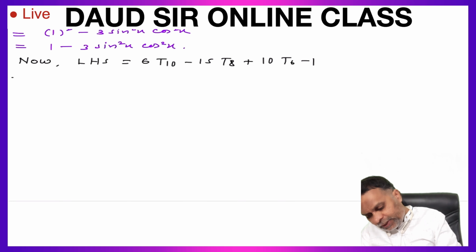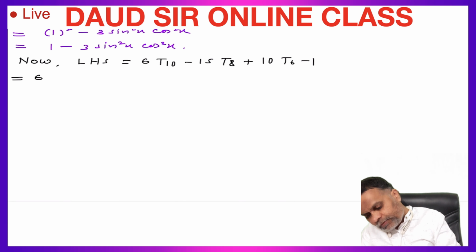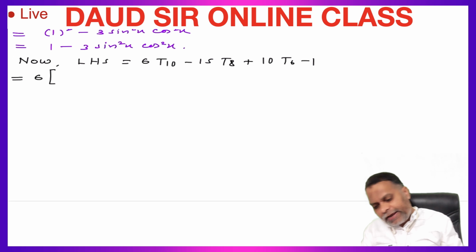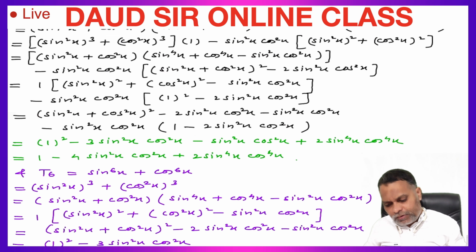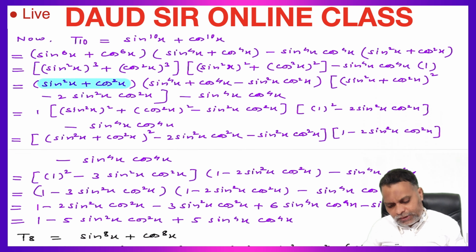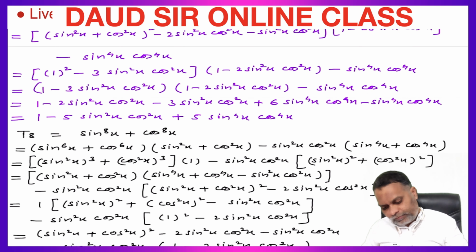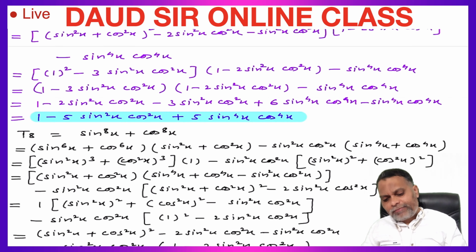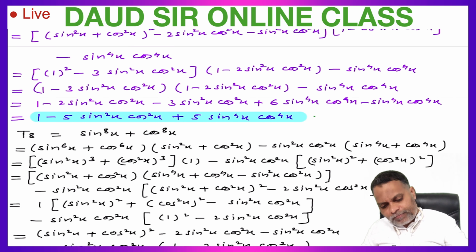So which is equal to 6 times the value of t10. What is the value of t10? This is t10.